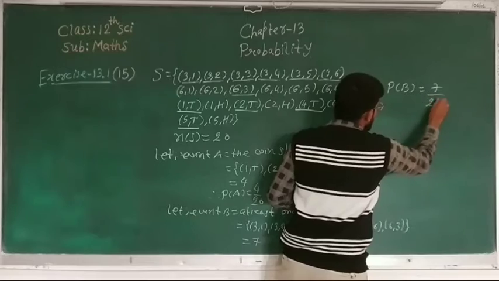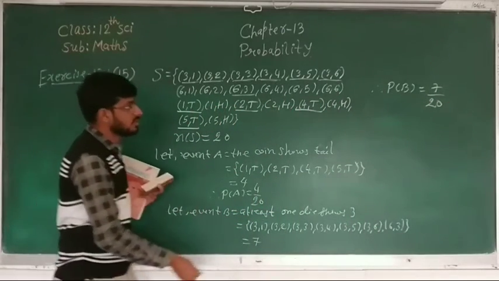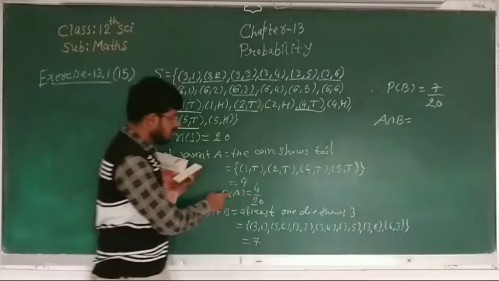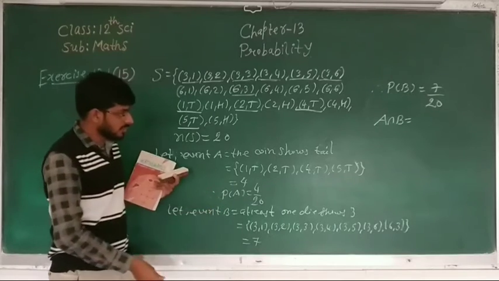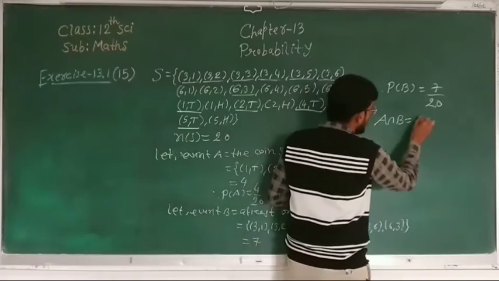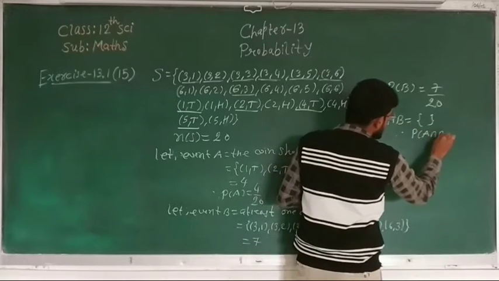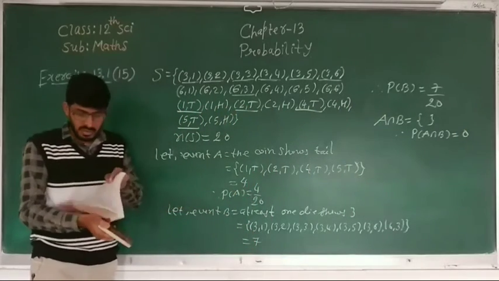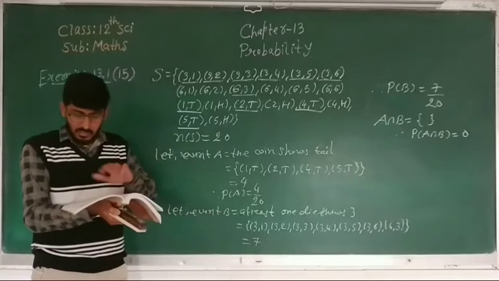Now see, next we have to find A intersection B. Which one is common to both A and B? So here we get 0, the null set. Therefore, P of A intersection B is equal to 0. Again, the question is: the coin shows a tail, given that at least one die shows a 3.